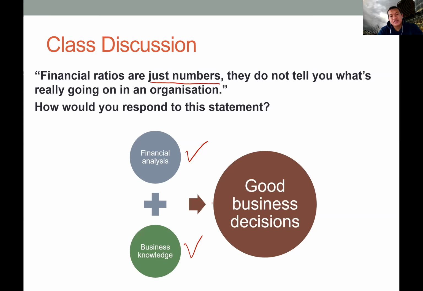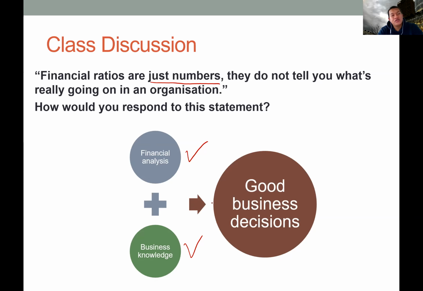Financial statement and financial ratio analysis is not a standalone process. We should start with the ratios, and then interpret them using our business knowledge, in order to make a good business decision.